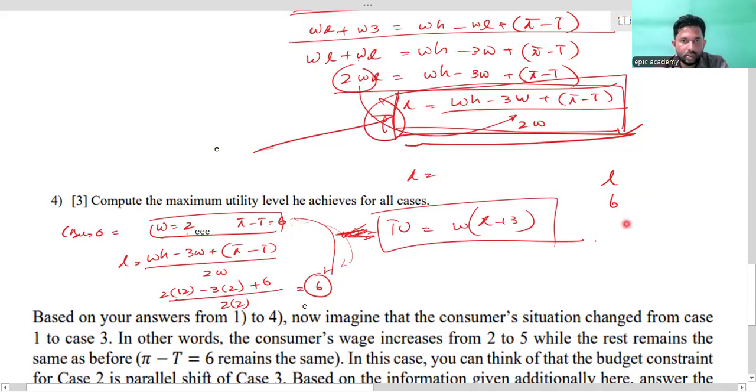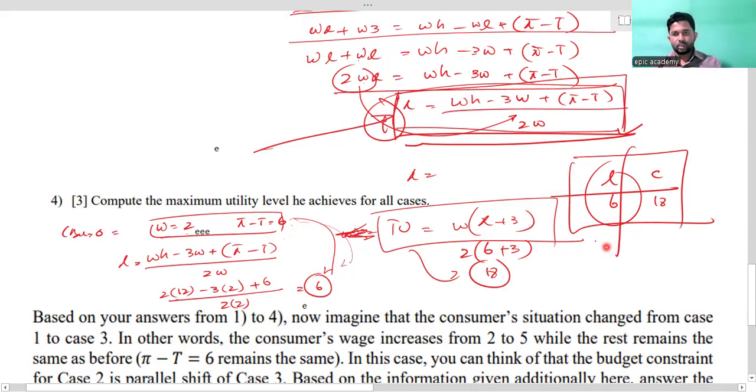And C, the total consumption, also can be calculated, isn't it? By putting that value, 2 times L, if L is 6, plus 3. Yes, that is 18. So total consumption can be calculated here as C. It is just 18, for case number 1 only.